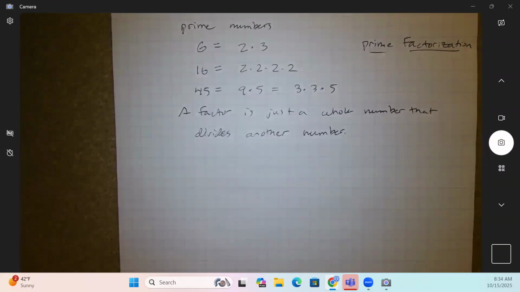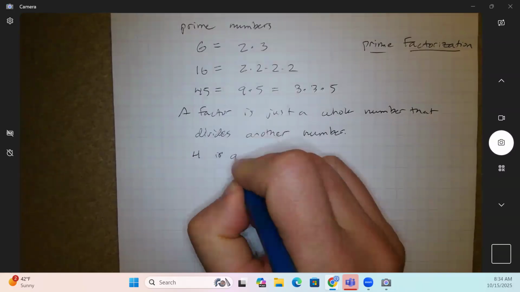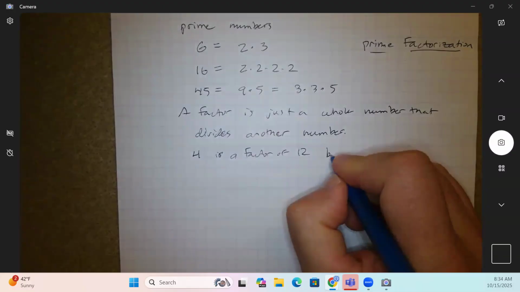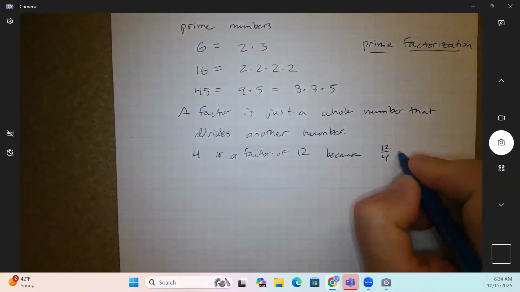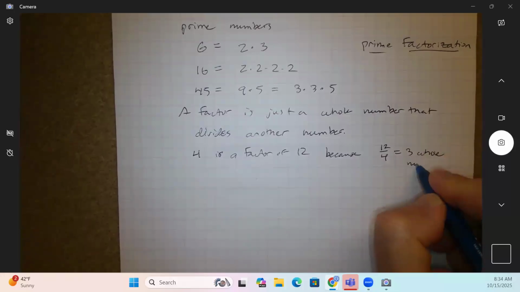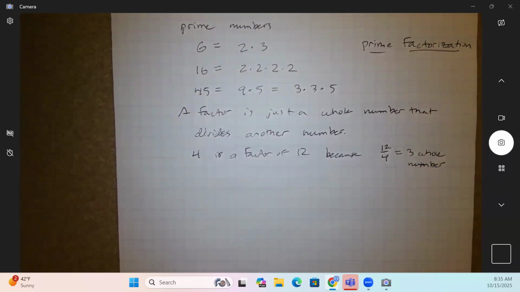And it doesn't have to be prime. 4 is a factor of 12, because 12 divided by 4 is a whole number. Right? Because 4 divides 12. But prime factors are super useful.